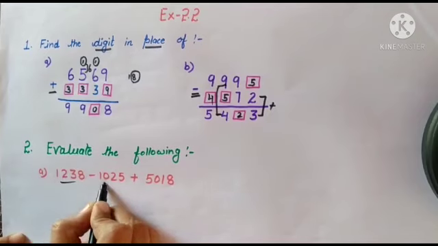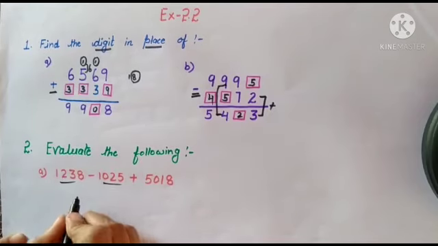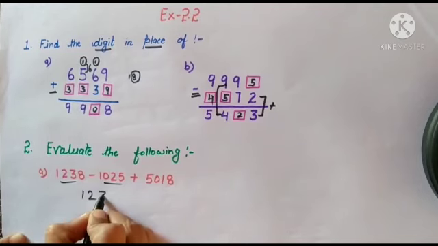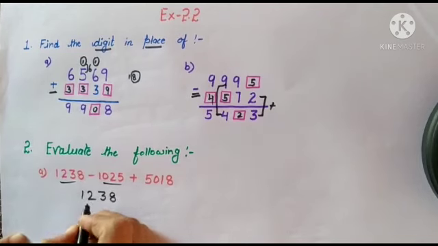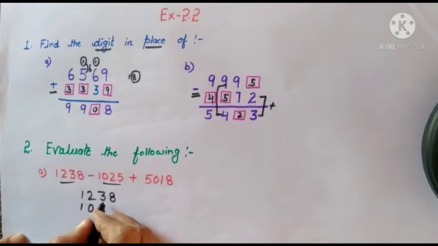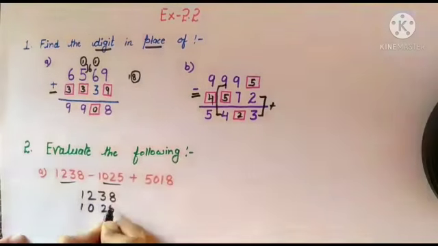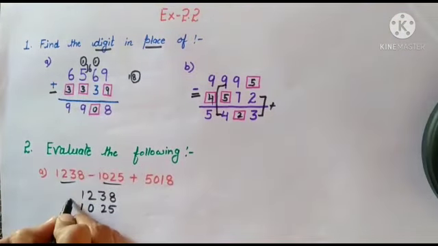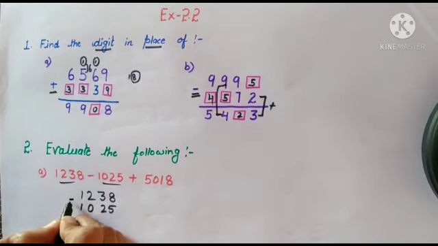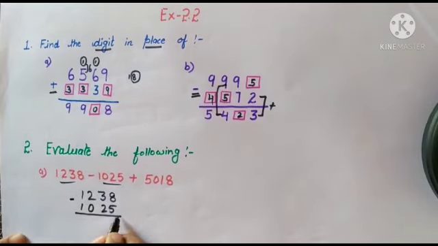So these 2 numbers we will subtract. Let us subtract: 1238. Under it we will write this one: 1025. Here the sign to come is minus, because here the sign is minus.